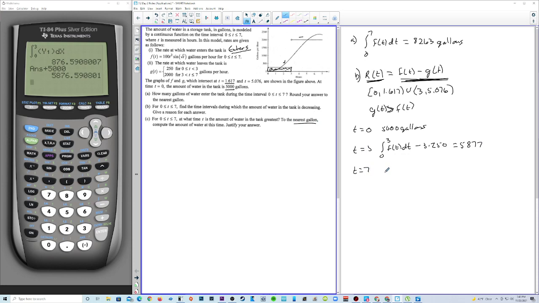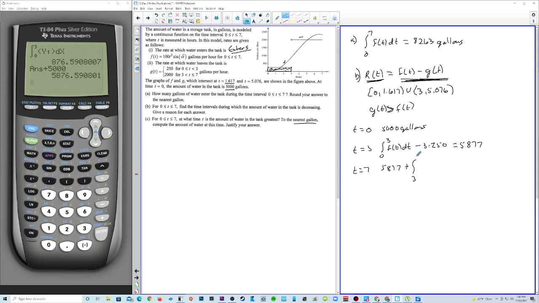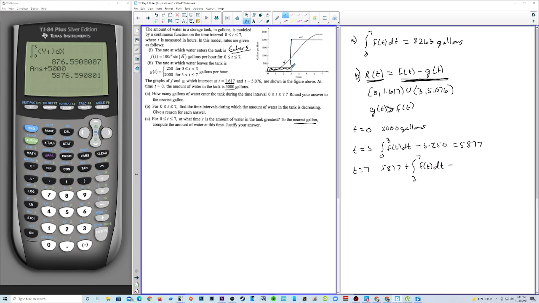Well, now we need t of 7. At 3, we know we have that 5,877, but I'll use the value in the calculator over there. And we're going to add on the integral from 3 to 7 of f of t dt. And we're going to subtract out how much leaves, which changes. So we're subtracting out this rectangle, which is 1, 2, 3, 4 times, and if we look at the other piece of the piecewise function, we see that's up there at 2,000.